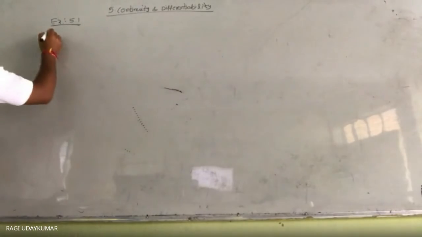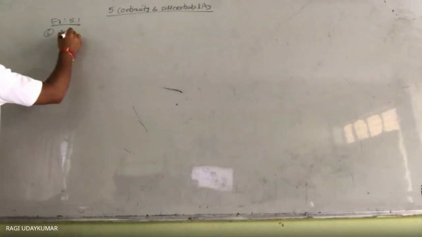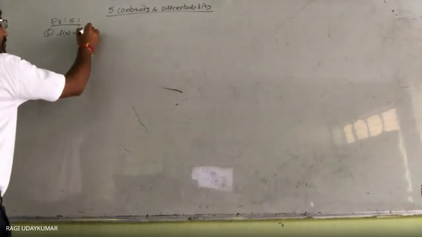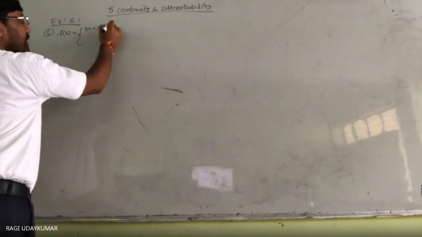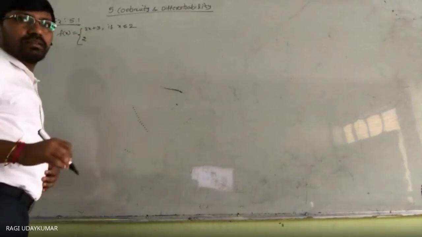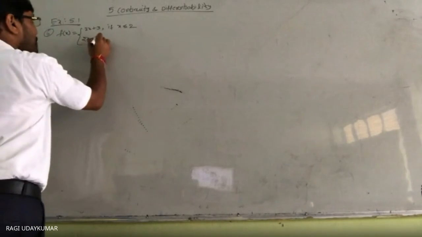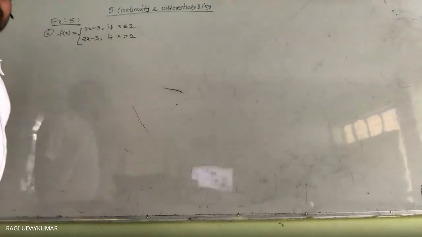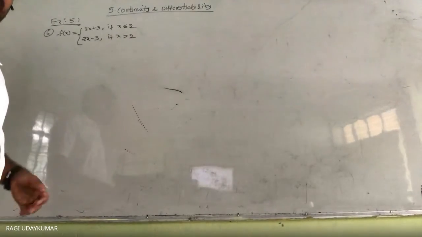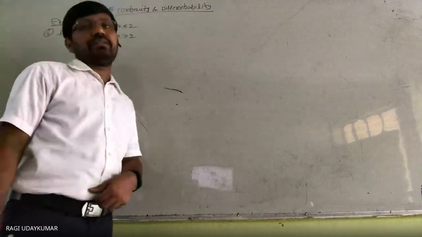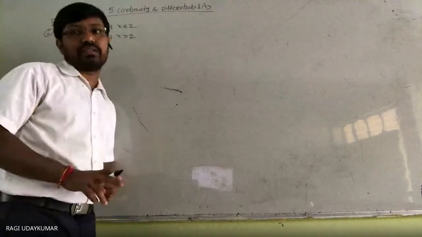Here the question is given to you. f of x is equal to 2x plus 3 if x is less than or equal to 2, and 2x minus 3 if x is greater than 2. And it is asking you to find the points of discontinuity, where it is discontinuous.